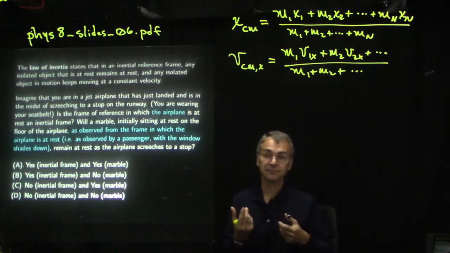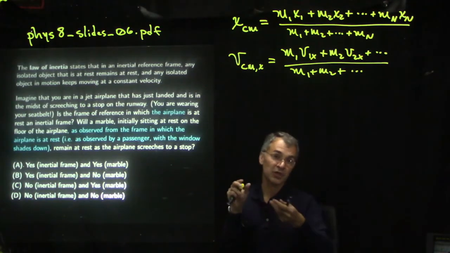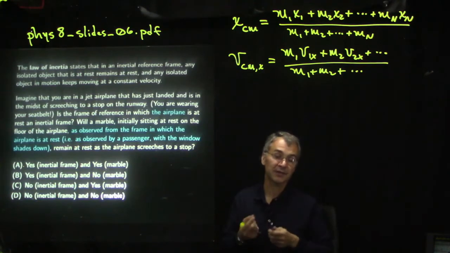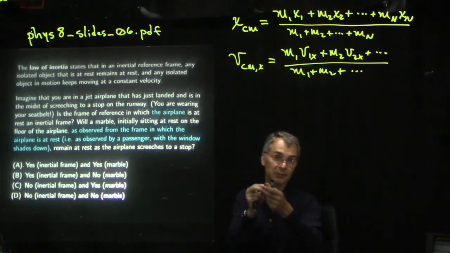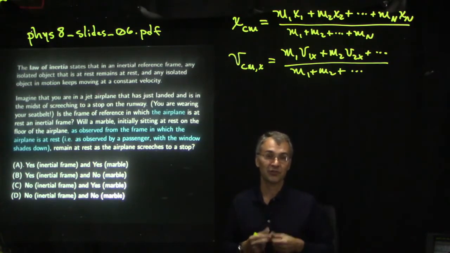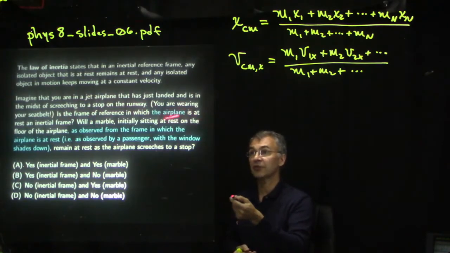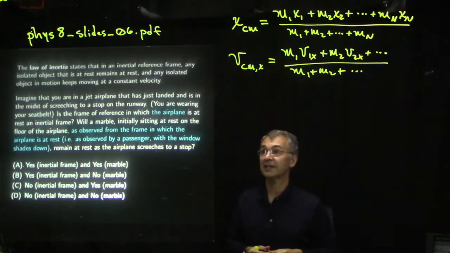The airplane itself may not be at rest, but it will not be moving with respect to that camera. So if you imagine that you're using that camera to read off your coordinate system of what's happening, that is the frame of reference in which the airplane is at rest. It's the frame of reference observed by a camera mounted to the ceiling of the airplane. So, the frame of reference in which the airplane is at rest, is that an inertial frame? So think about that.